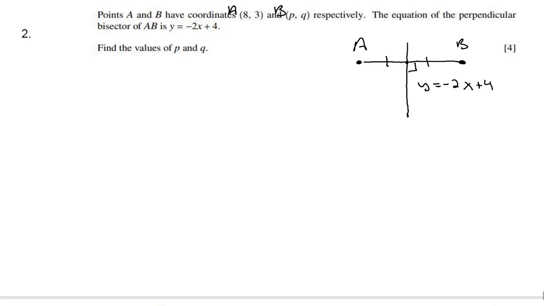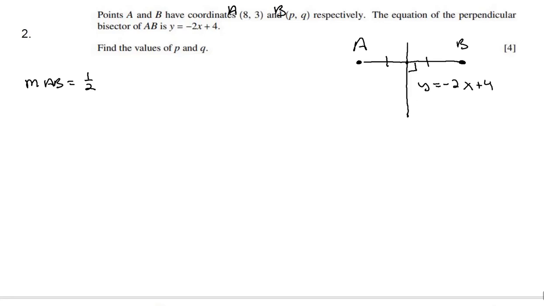So hopefully the first thing you thought to do was to figure out the slope. The slope of AB is going to be the opposite reciprocal, which I know has to be positive 1/2.